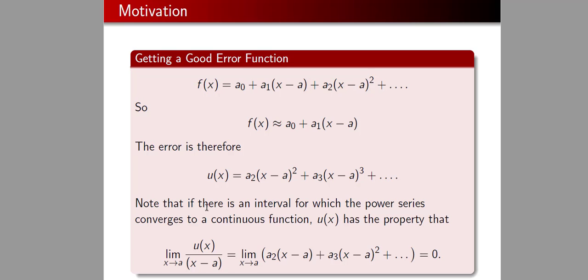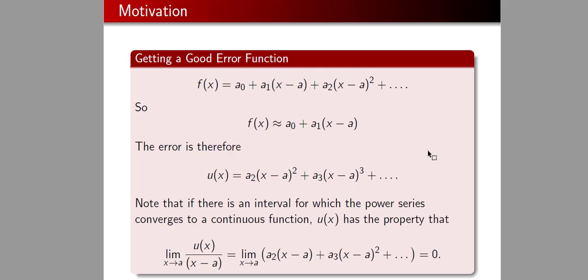So note, if there is an interval for which the power series converges to a continuous function, that u of x has the property that the limit as x approaches a of u of x over x minus a is equal to, okay, the limit where we've divided one power of x minus a out of our u, and that will go to 0. And so this is another way of saying our error function is very small.